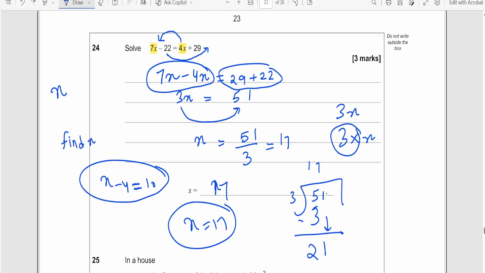Wouldn't it be 6? If you move this negative 4 to the other side, it will become positive 4. You need to move everything away from x. It should only be by itself. So 10 plus 4 is 14, right? Yeah.